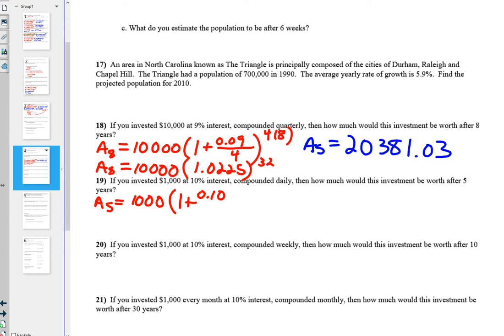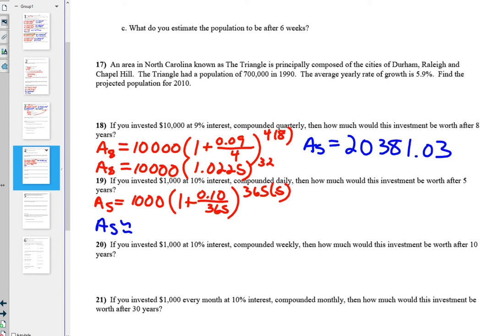If it's compounded daily, what are you dividing by? 365 in a year, times the 365 times 5. Clean this up a bit. 0.1 divided by 365. Oh, you know what? That's going to give me a huge decimal. Let's just put this all in the calculator.